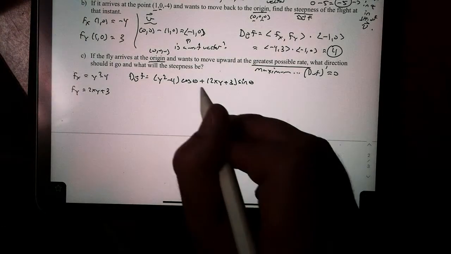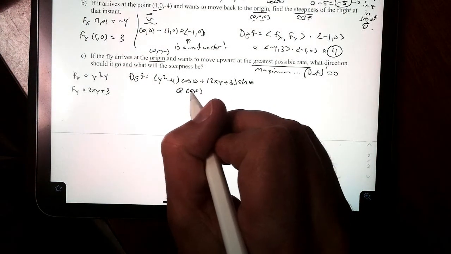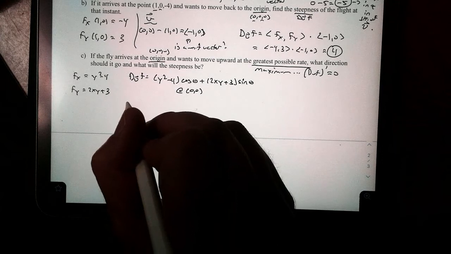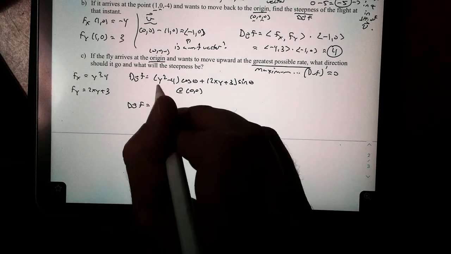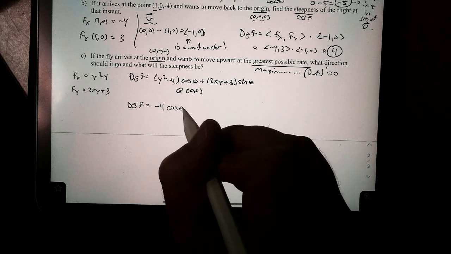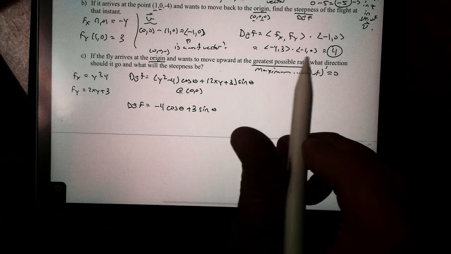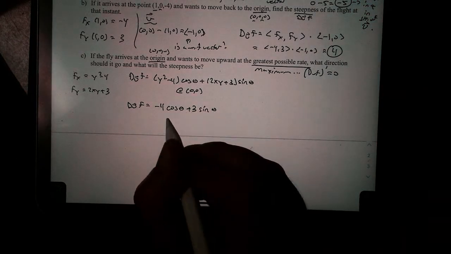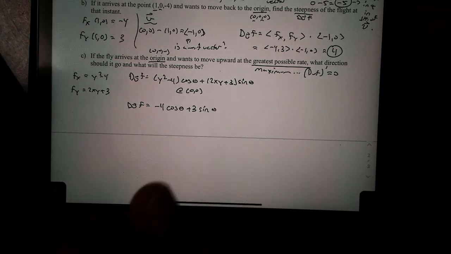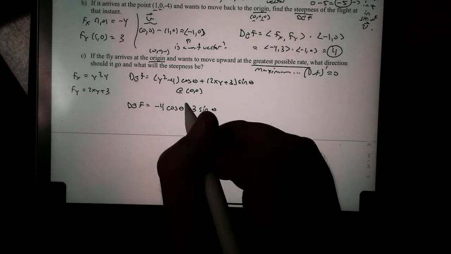Now, we do know the point. So at the point (0, 0), if I plug those in, our directional derivative becomes -4 cosine theta plus 3 sine theta. Now, for reasons that are going to be important later on, direction and where we're heading is important. Notice, where are we going?